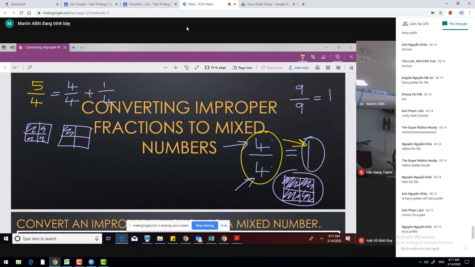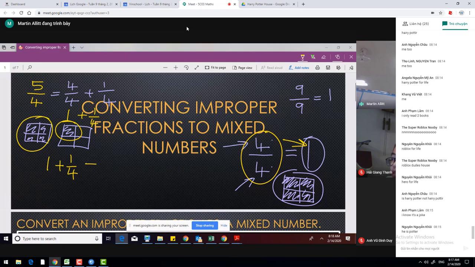So actually what we've got here is 1 plus 1 quarter. Oh my goodness, I've run out of space. 1 plus 1 quarter. And actually we can see that here as well. Here we've got a whole 1, and here we've got 1 quarter. 1 plus 1 quarter.